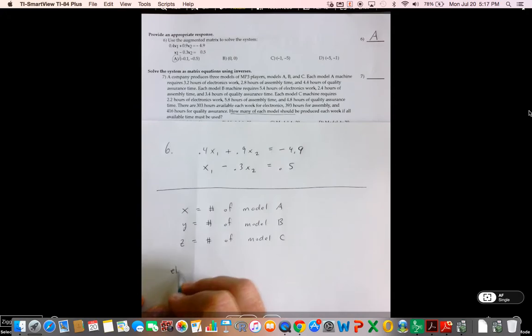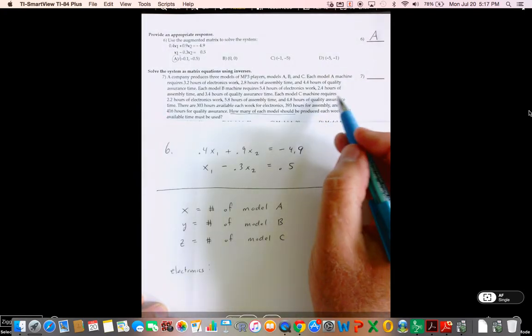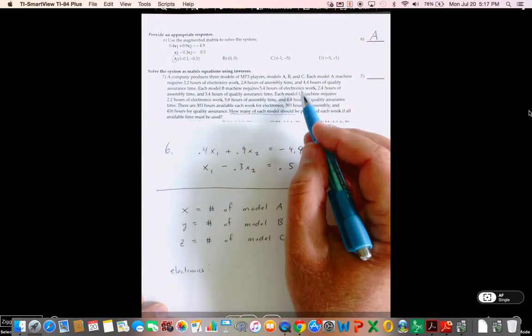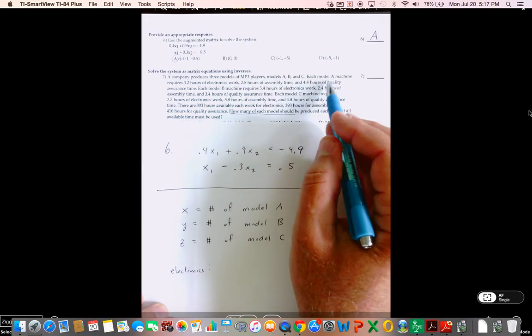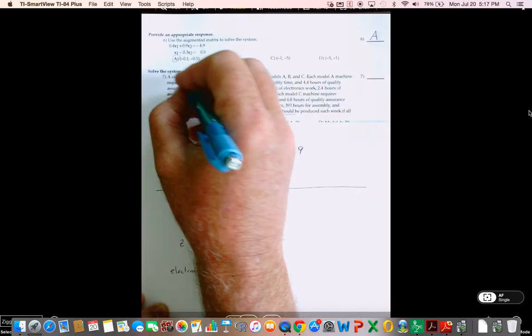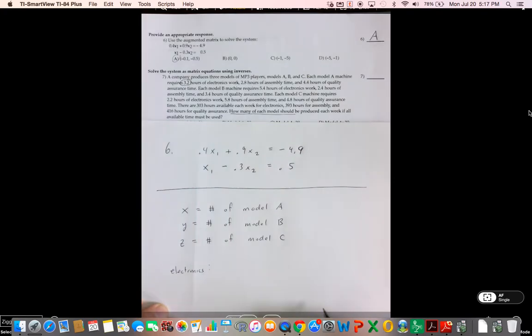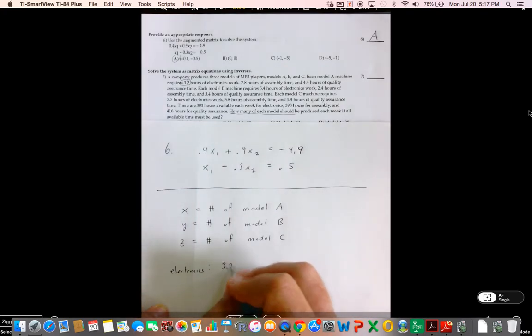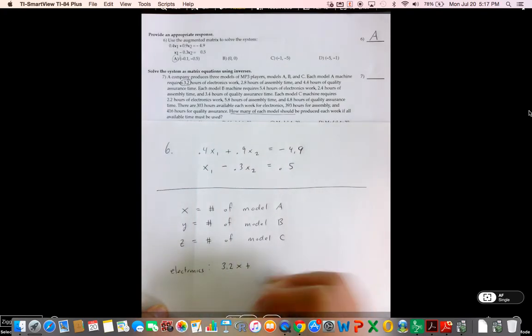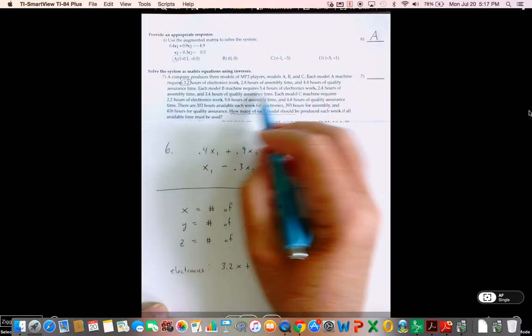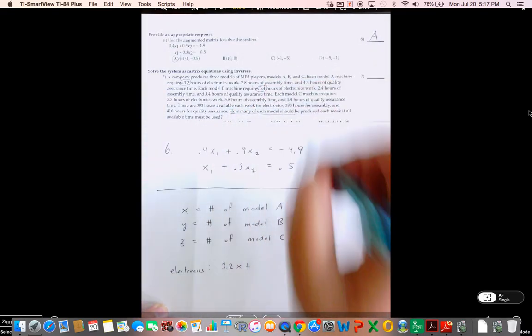So I'm going to have one equation for electronics. And I'm going to circle this because it's going to make it easier for me, okay? So each Model A machine requires 3.2. Each of the B's requires 5.4.